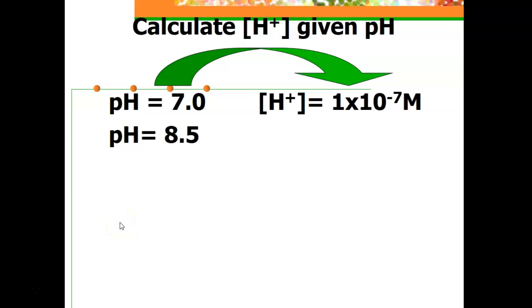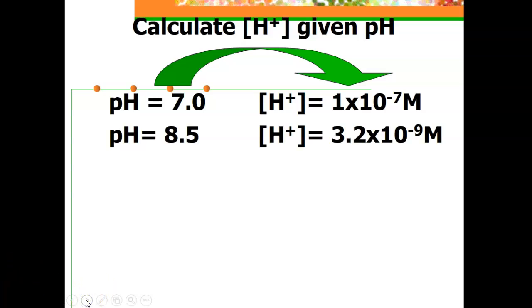So for the first one, you should have had 1 times 10 to the negative 7. And then the second one, when you go antilog, so 10 to the negative 8.5, you should get 3.2 times 10 to the negative 9.